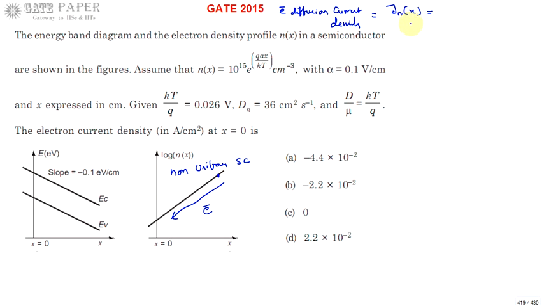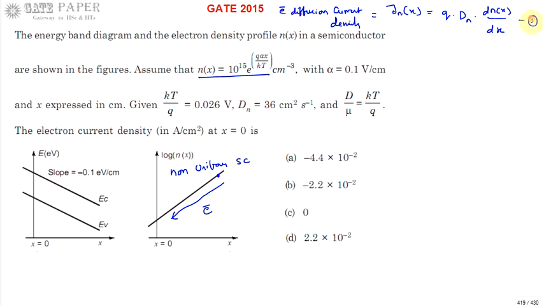Now we calculate the current density. The equation for current density due to diffusion of electrons is q into Dn into dn of x divided by dx. We know the N of x equation is given this way, so first differentiate it with respect to x.